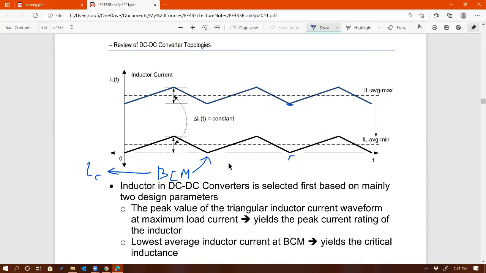So if we can find the value of critical inductance at boundary conduction mode, then if we pick our inductor value to be larger than the critical inductance, then we are guaranteeing that our converter will always operate in CCM at the given BCM condition.